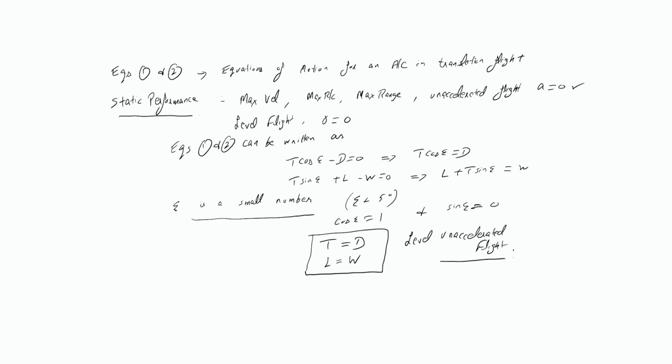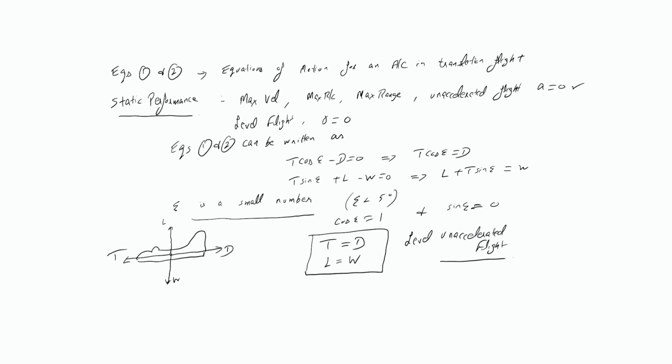Alright. Remember, we have already discussed this in one of the previous lectures, where we drew the free body diagram of an aircraft. Here this is the thrust, this is the drag, this is the lift, and this is the weight. Intuitively we could also tell that in equilibrium flight thrust equals drag and lift equals weight.